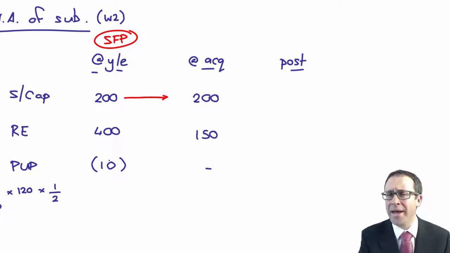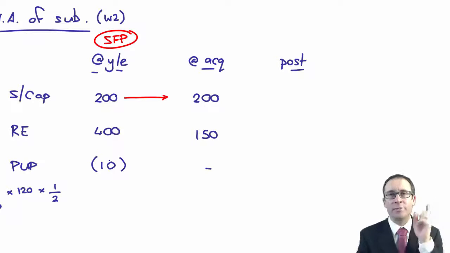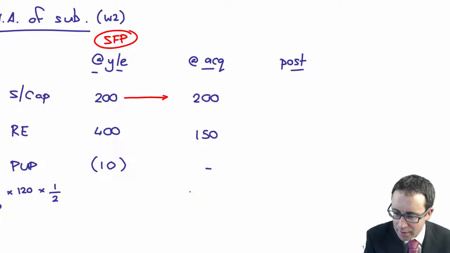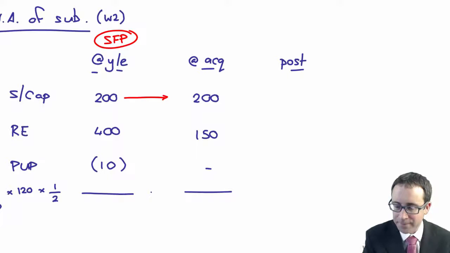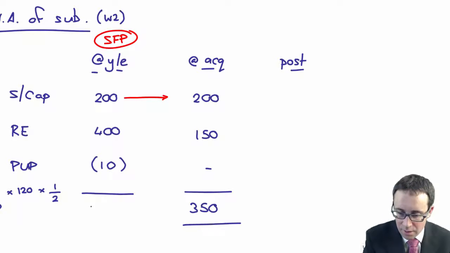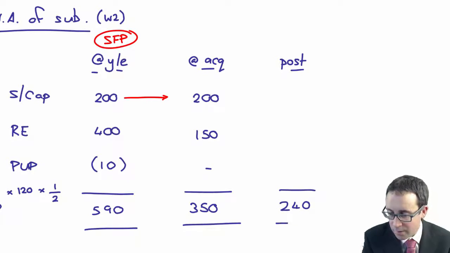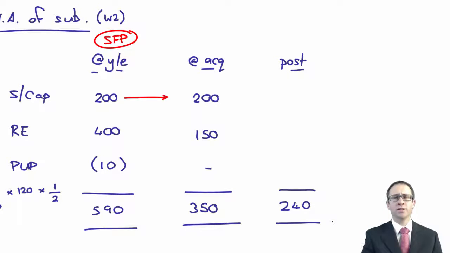Okay, I remember making it as easy as possible so you didn't need your calculator, but always use your calculator. If you fail to use the calculator, you're practicing to fail the exam. Okay. Total that up, 350 at acquisition. Is that 590 at year end? So that gives me, is it 240 as your post acquisition profits?